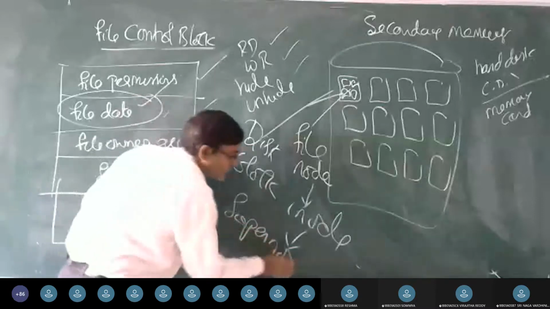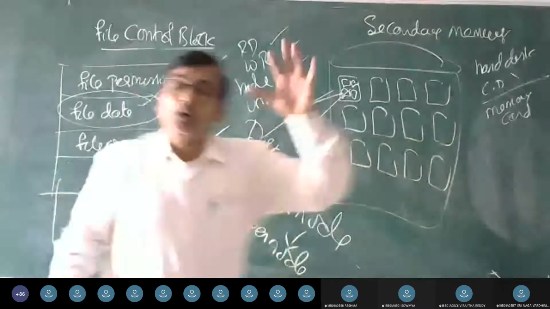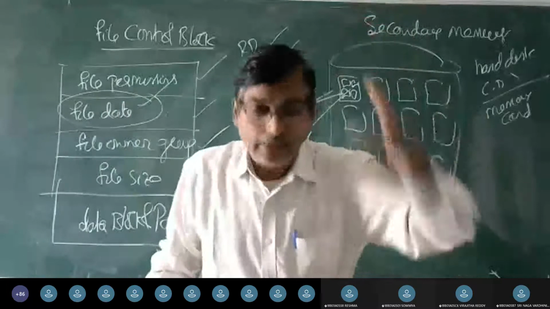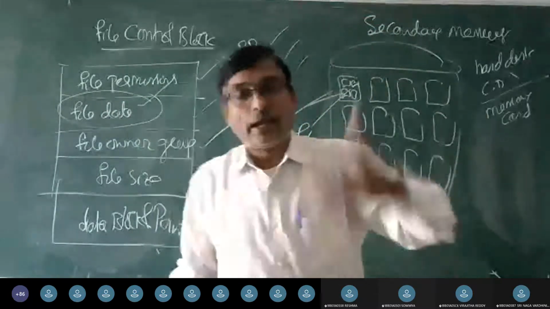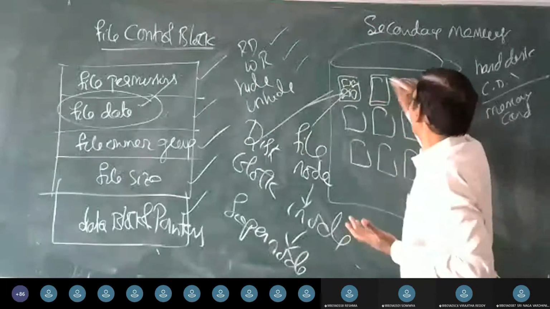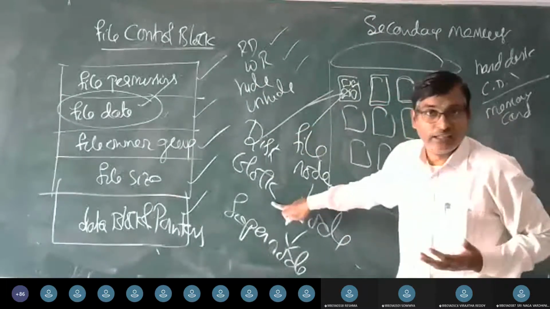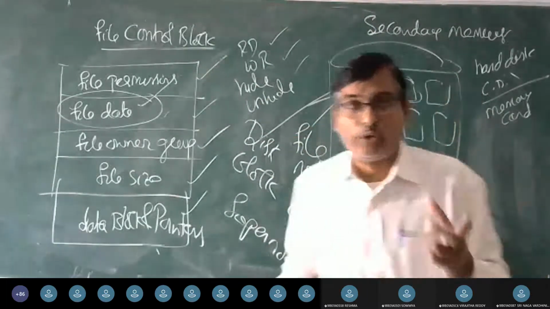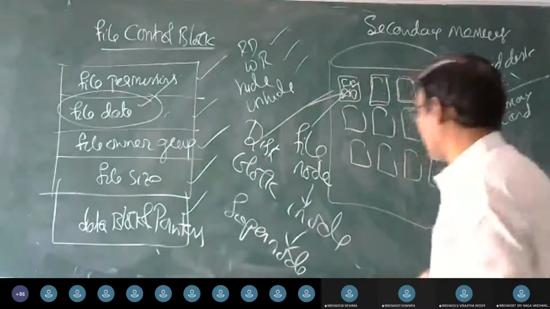In this way, a node structure puts things in a hierarchical or tree structure, and when it goes to the secondary storage implementation, the items are called disk blocks.